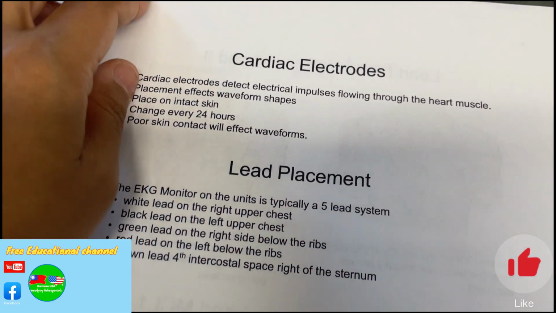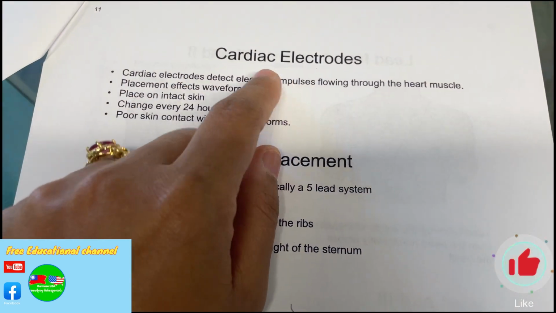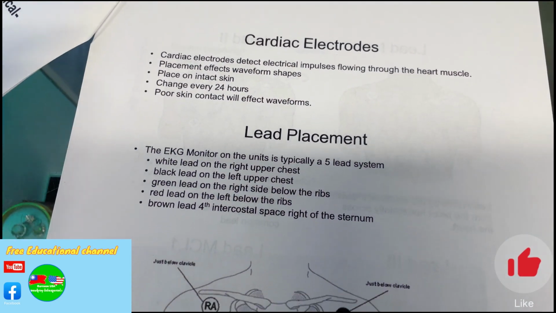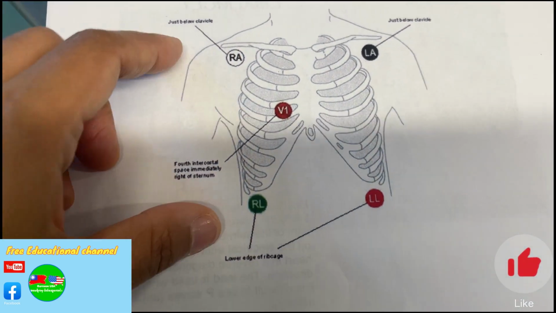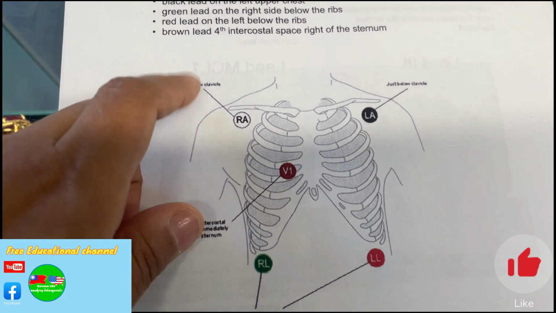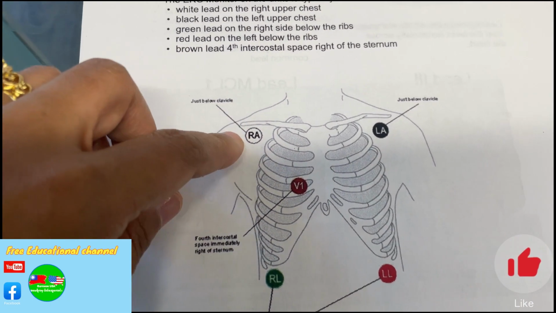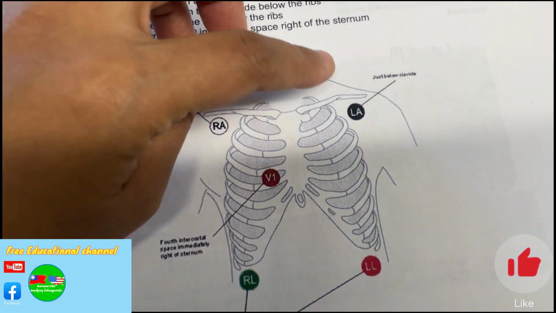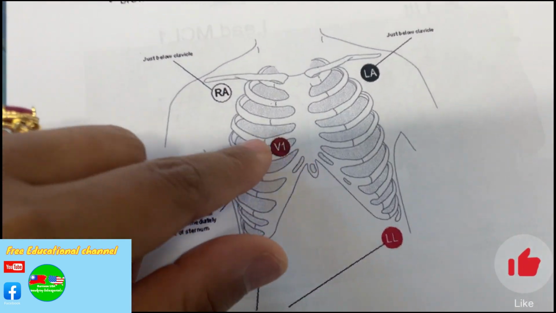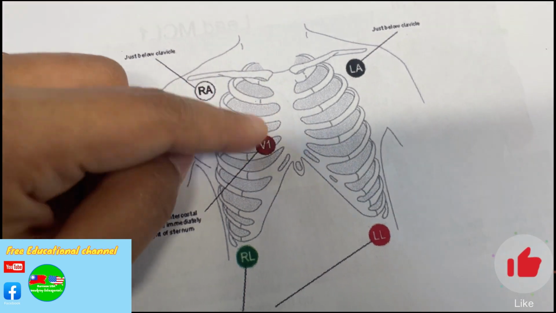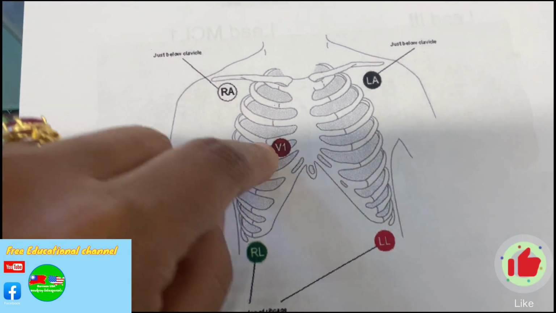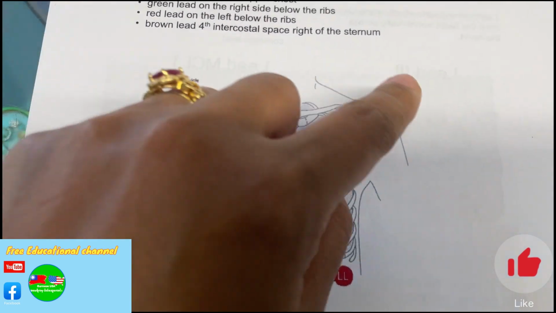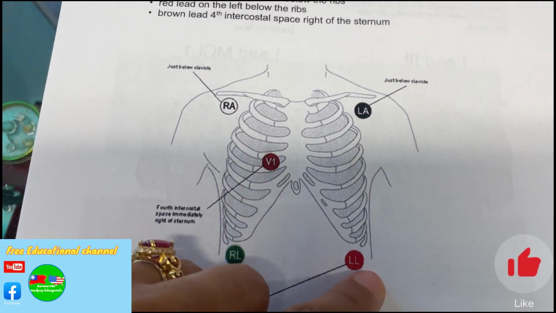Okay, now to the cardiac electrodes. Most nurses know how to do, or are already trained to do, the 12 lead ECG, but in America we have 5 lead ECG most of the time. Remember, clouds over the grass and smoke over the fire, and you have the brown in the fourth intercostal space, but it's on the right chest. We used to have the 12 lead ECG, which is the right arm, left arm, right leg, left leg.